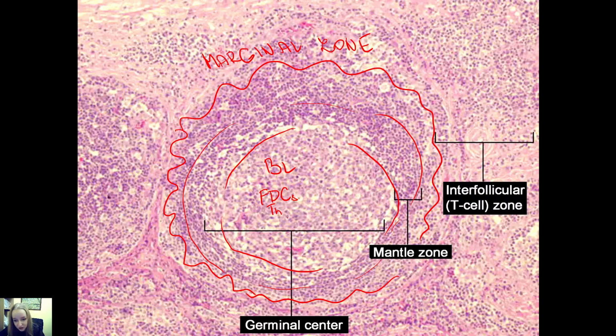There are many macrophages here, because a lot of cells are dying in this follicle because they are not good enough, so they die. And macrophages eat them up, so they phagocytose dead cells over here. And also antigens, because macrophages are also antigen presenting cells. Okay, so that's what's happening here right now.